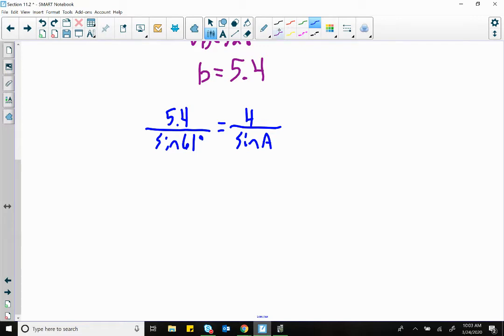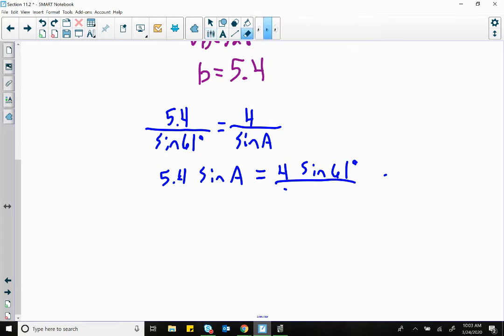Okay. All right. So now we just cross multiply. So 5.4 sine A equals 4 sine 61 degrees divided by the 5.4 because that's how we get rid of multiplication.